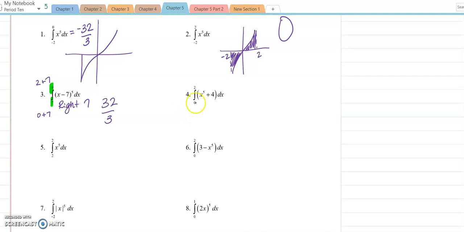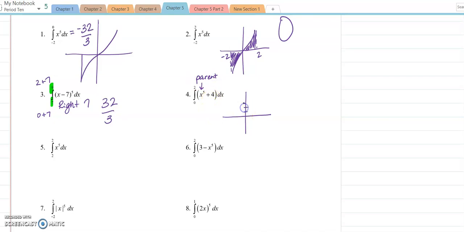Number 4, the integral from 0 to 2 of x to the 5 plus 4. You can think about this 2 different ways. I think the easiest way to think about it is to shift this function up 4 units. The parentheses I know look a little weird, but this is the parent, and then you're raising it up 4.